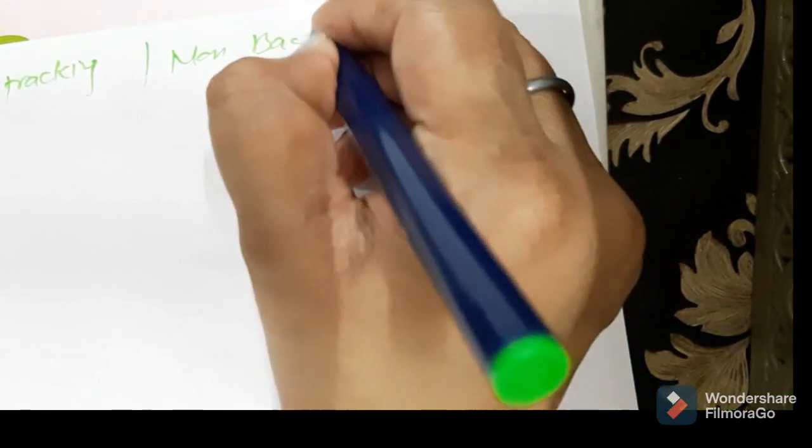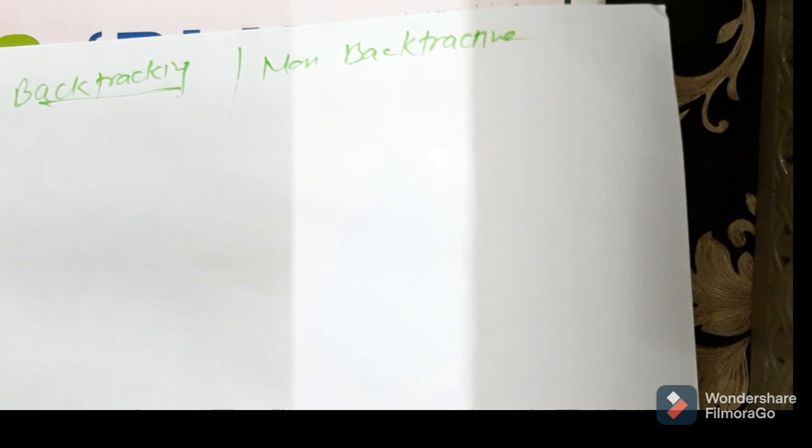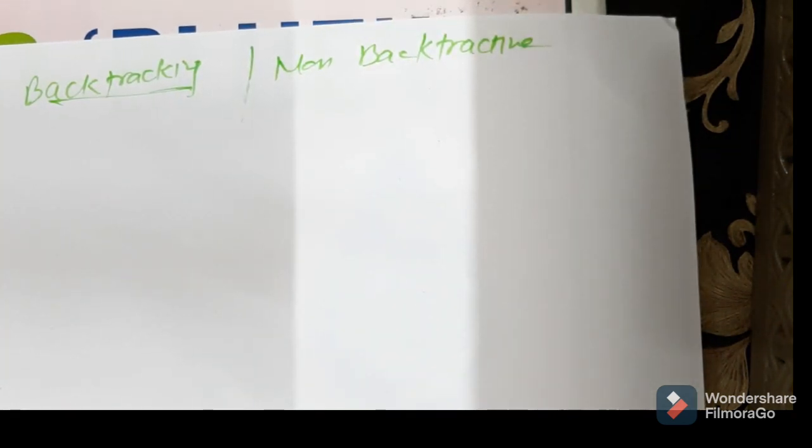And now I will discuss one more thing: backtracking and non-backtracking. Non-backtracking is predictive parser. Backtracking, which I have discussed in my last slide.